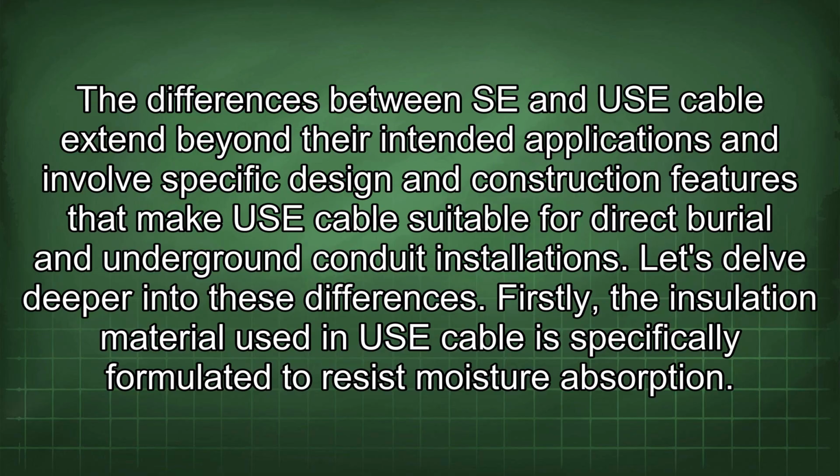The differences between SE and USE cable extend beyond their intended applications and involve specific design and construction features that make USE cables suitable for direct burial and underground conduit installations. Let's delve deeper into these differences. Firstly, the insulation material used in USE cable is specifically formulated to resist moisture absorption.